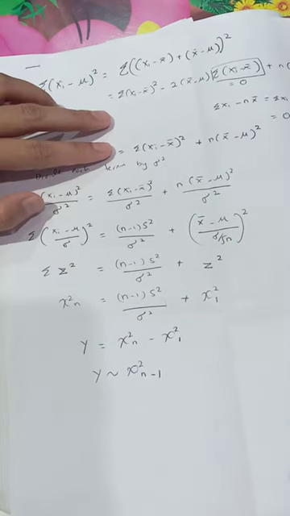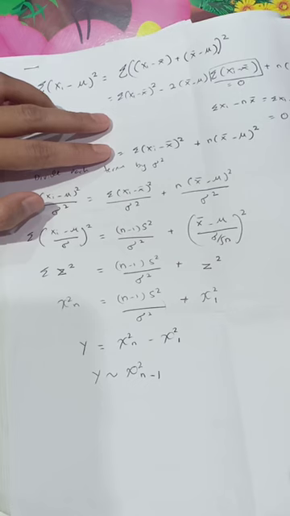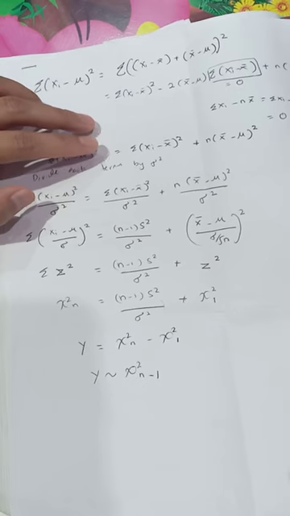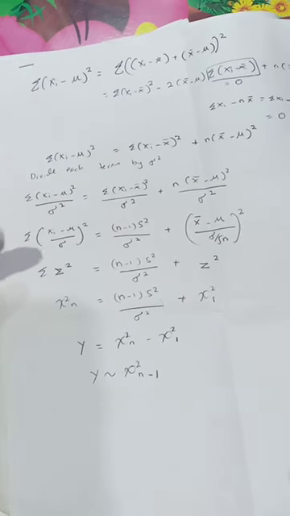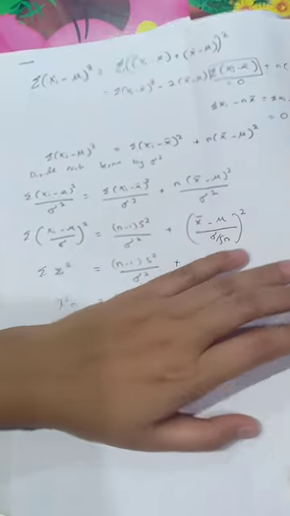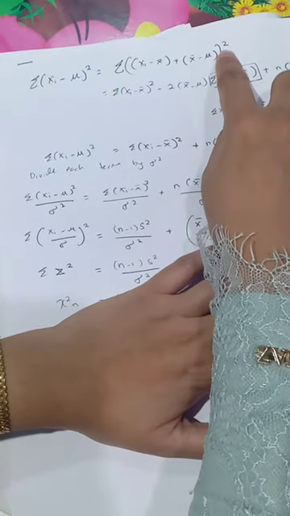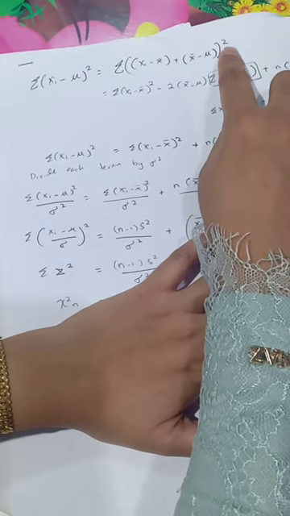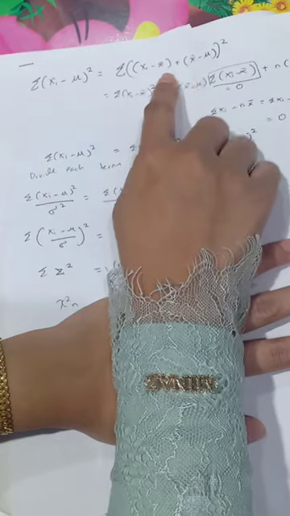Because of this square, you can expand (xi minus x bar) plus (x bar minus mu) square.